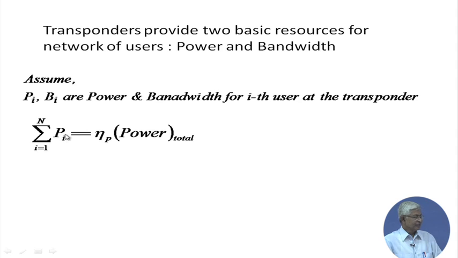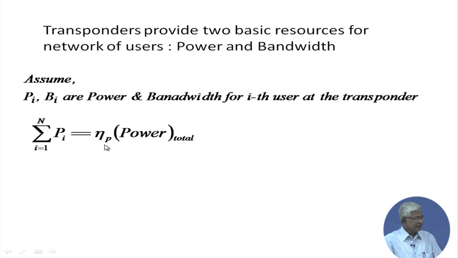So, the ith user takes Pi, that is the EIRP of the ith one, and if i is equal to 1 to n, the sum of all of them will equal the total power available from the satellite, but there will be some losses, which we are terming eta p, the efficiency. So, the full capacity of the transponder power may not be utilized.